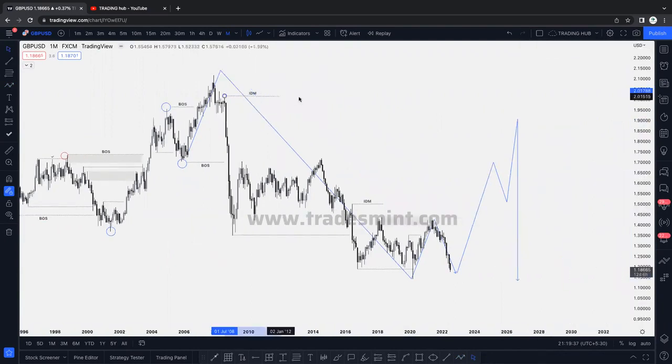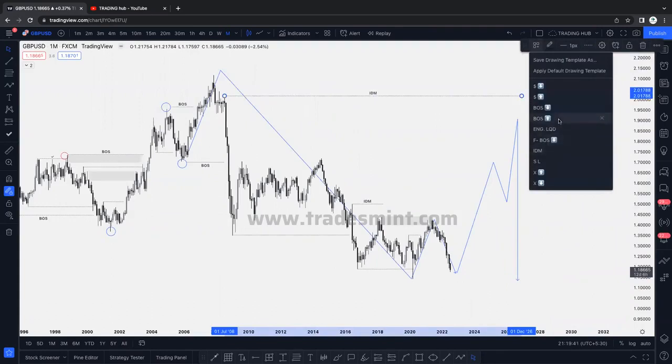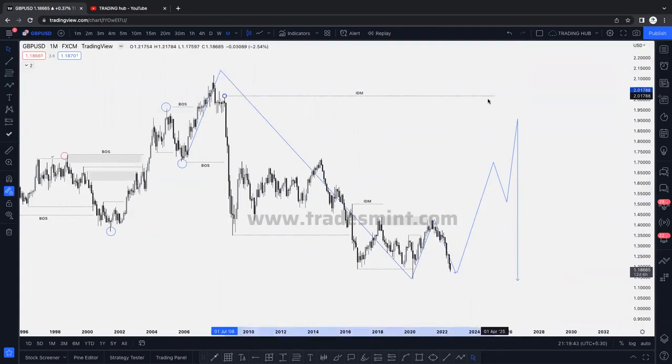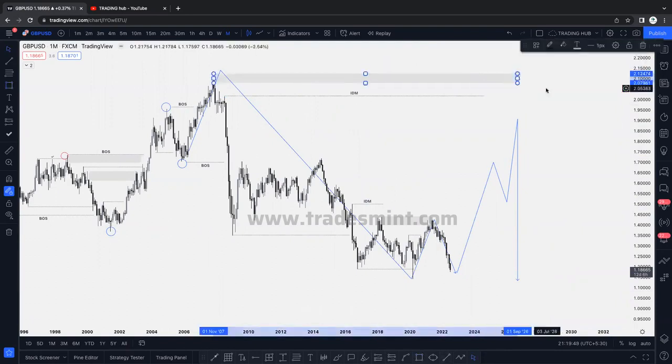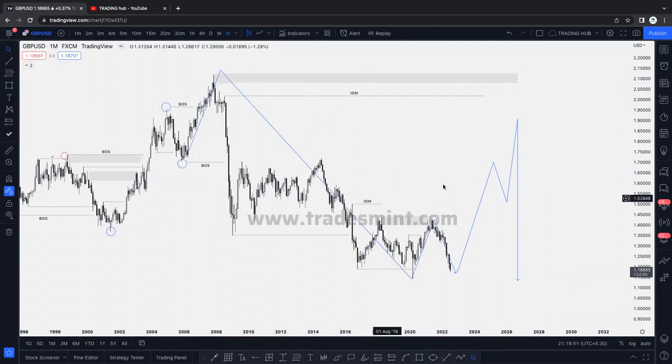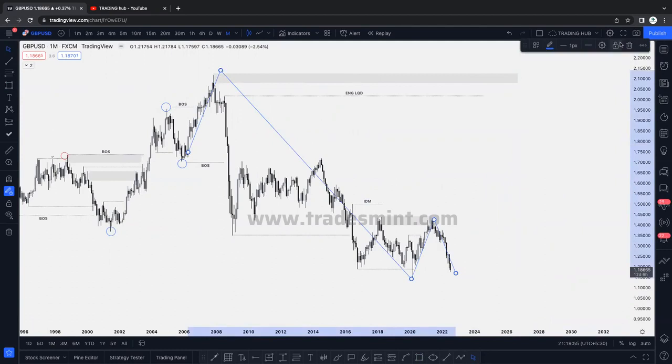This inducement line acts like engineering liquidity because it is the highest point before the sell. So generally, this is the overall idea in the monthly perspective in GBP/USD.